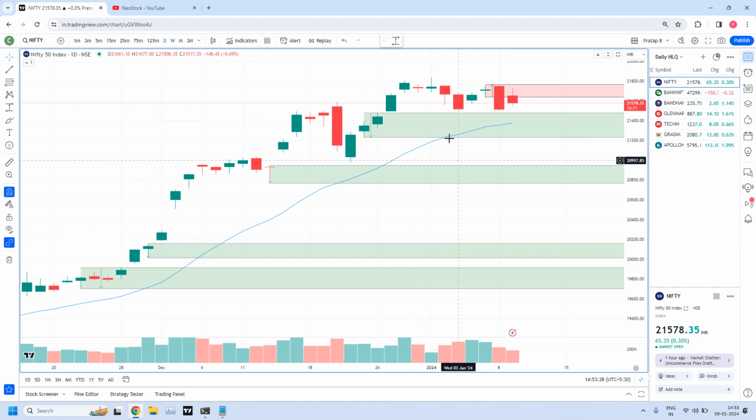Hope you got the clarity on why I didn't consider this as a zone at all. The reason is the price structure itself is not at all convincing me to consider this as a zone. That is one thing. And the second thing is, generally we use such kind of techniques.